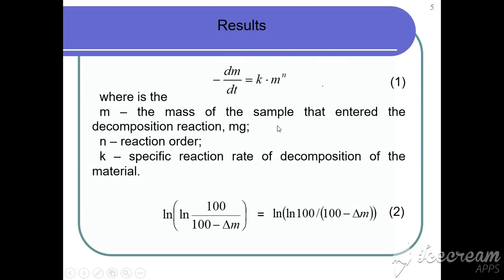The dependence of the specific decomposition rate of the material on temperature is described by the Arrhenius equation, which after mathematical processing of the TG curve can be represented as equation 2. In this equation, delta M is the mass loss, %, at each temperature in the range of decomposition of the material.